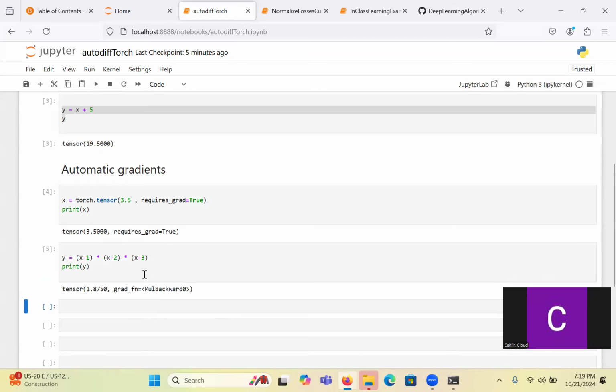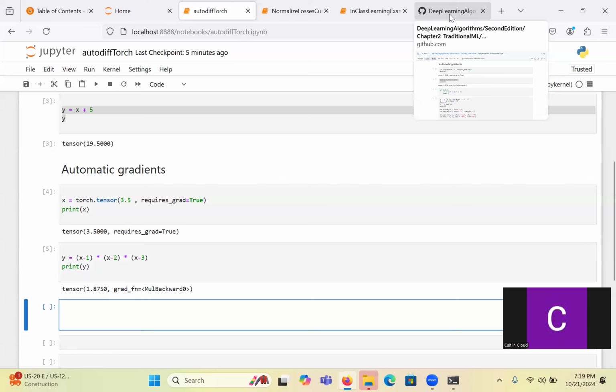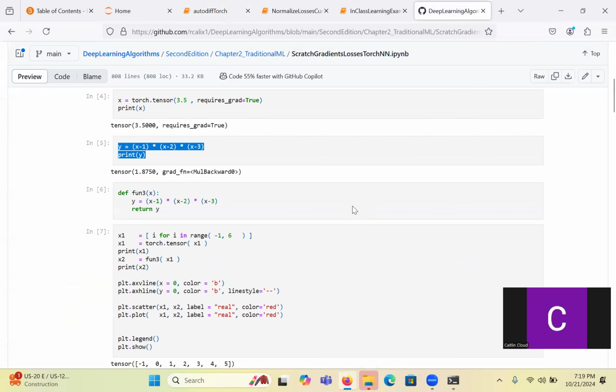So 1.875 on the normal function. So that would represent like the neural network. But some very intelligent people, Geoffrey Hinton, all those, discovered that this is a mechanism that they can use for providing information to train the neural networks. Okay, so now I create a function here just so I can plot it.